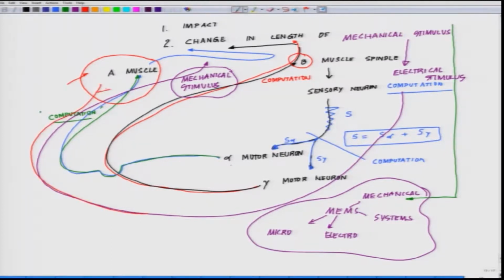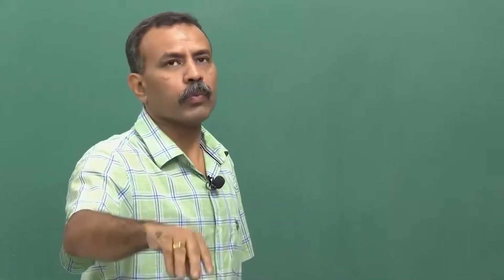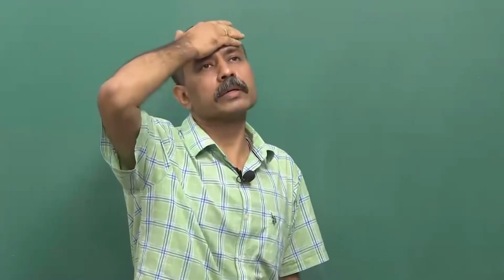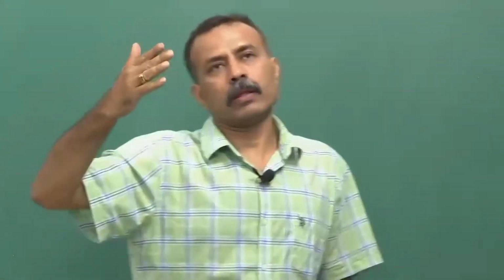Why this is important is, in the very last week, we talked about spinal cord injuries, right? If you remember, we talked about SCI. In a spinal cord injury, the neurons which take the maximum hit are the motor neurons.